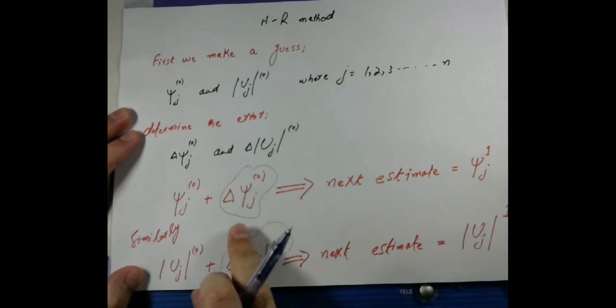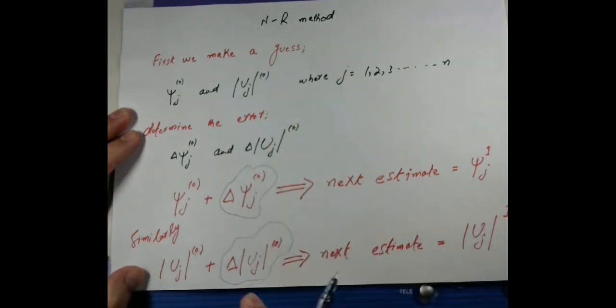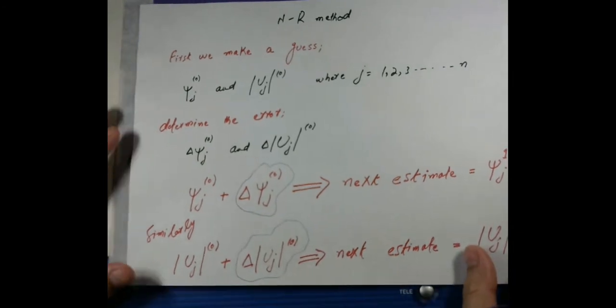So now let's talk about the general form of the Newton-Raphson method for determining these errors in the first estimates. So let's proceed. So how to find the error?